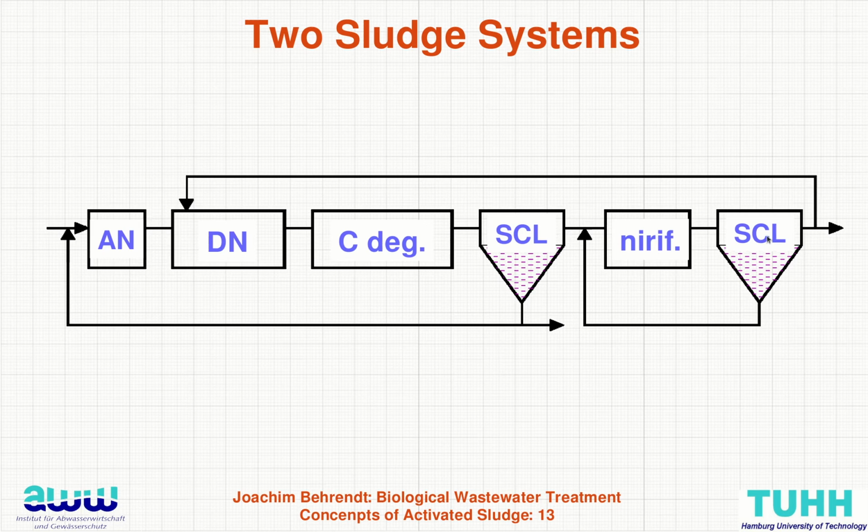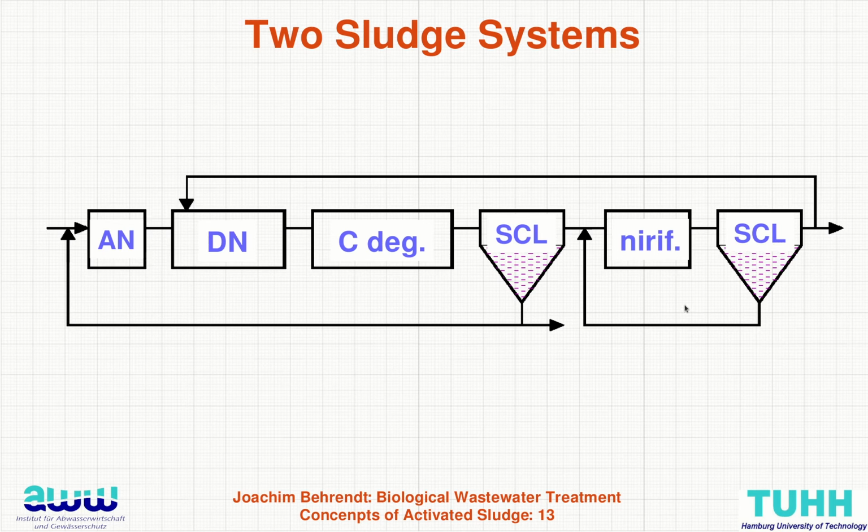But the hydraulic load of the secondary clarifier, finally the last step of the wastewater treatment plant, is really high, because all the hydraulic load of the internal recirculation is also operated through this secondary clarifier. So what you save in reactor volume for the nitrification, you have to spend more for the secondary clarifier, and therefore nobody is doing this.